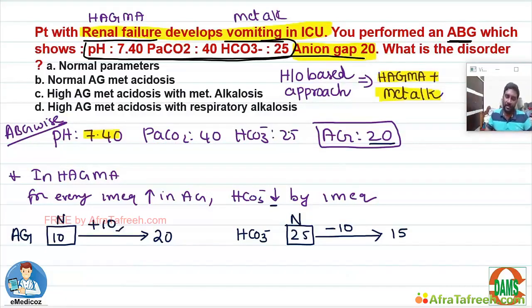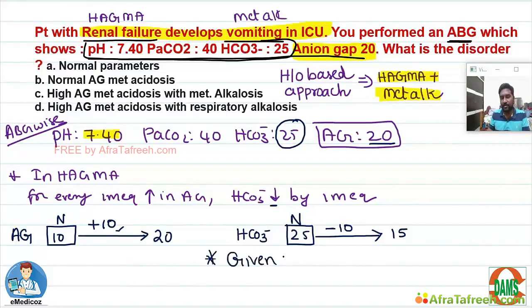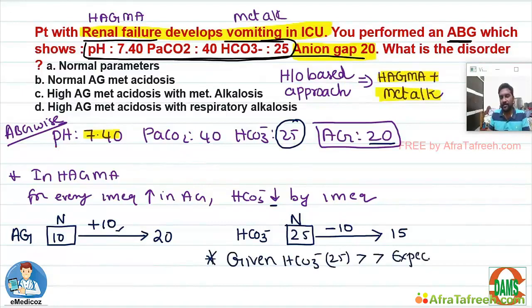But in the given question, bicarbonate is 25. See, if there was only a single isolated high anion gap metabolic acidosis in this patient's body, bicarbonate should have stayed at 15. But in the question, given bicarbonate is how much? 25. So given bicarbonate is very much higher than expected bicarbonate.